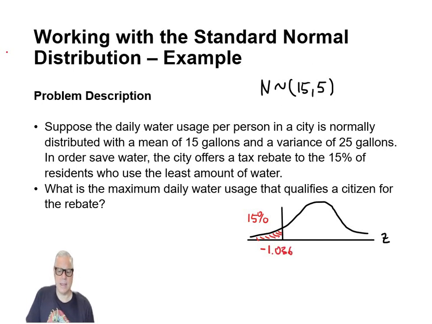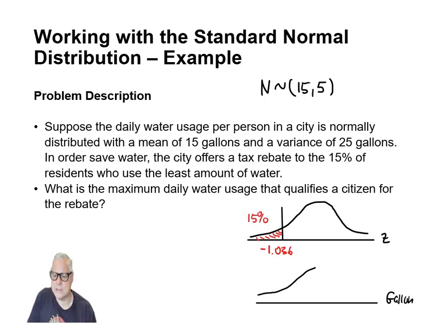Okay, so now I can just convert that into gallons, and underneath it I'll draw again here. So now we have everything in gallons, and it looks basically the same, so it should be symmetric. And a z-score of 0 corresponds to our gallon consumption of 15, the mean. So that's the population mean of 15.